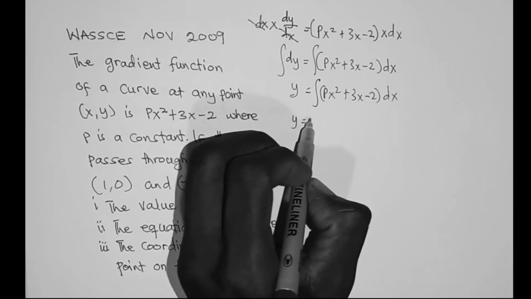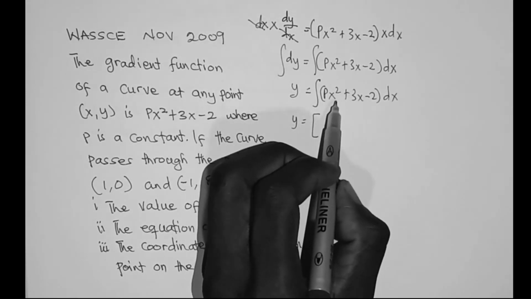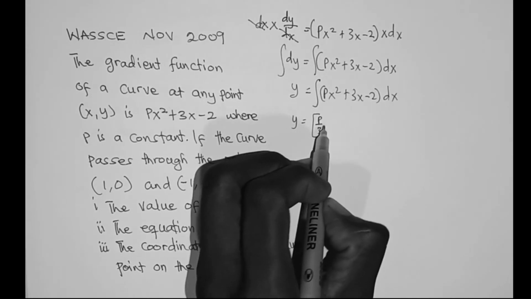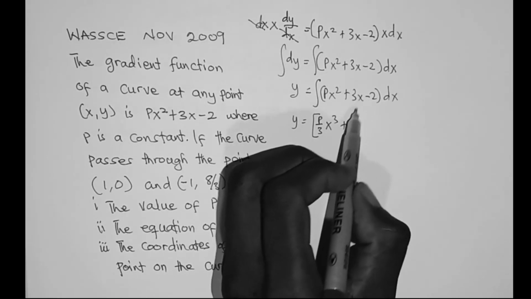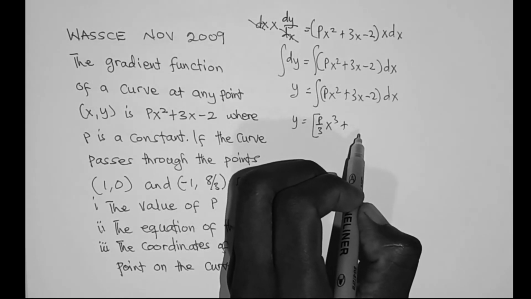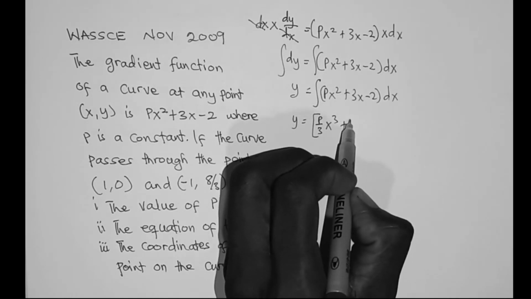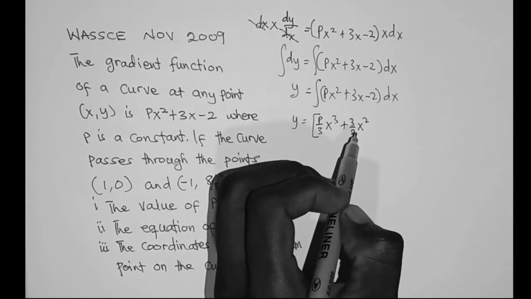So y is equal to, if you integrate x squared, it becomes 1 over 3 x cubed. So this is p over 3 x exponent 3 plus, if you integrate x, it becomes 1 over 2 x squared. So this 3x becomes 3 over 2 x squared.